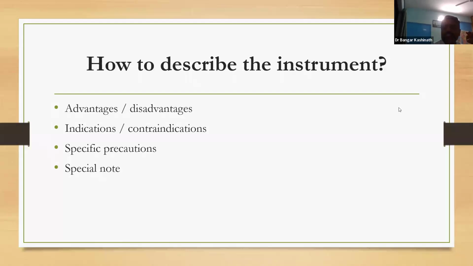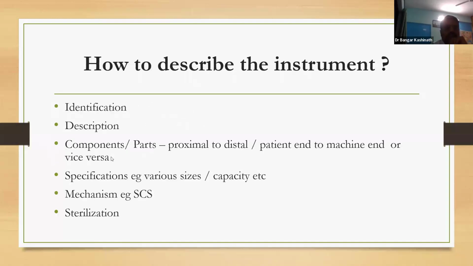So it's very easy. I'll just repeat once. Identify instrument, describe instrument, describe from one end to another so that it goes very easy, proximal to distal or patient end to the machine end.